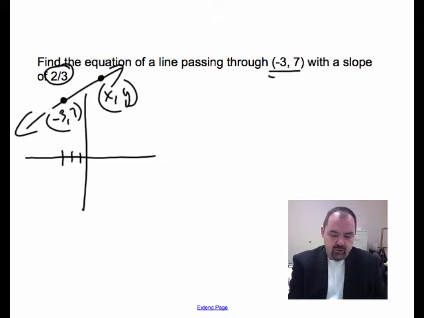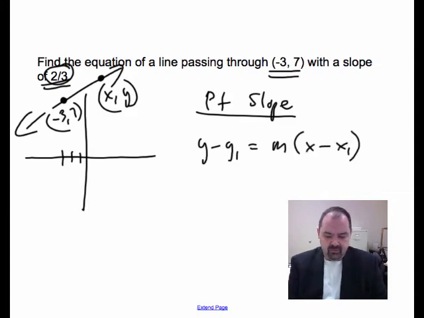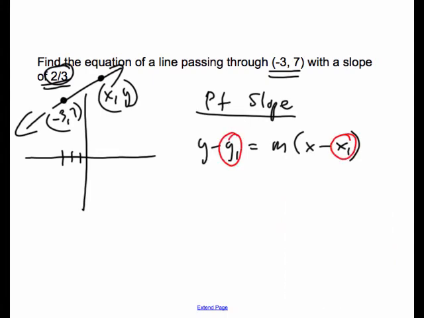So since I have a point on the line and I have the slope, I can use my point slope form of a line. So I'll just write that out. And x1 and y1 are the specific points that we know. The slope we know as well, so we can substitute that in.